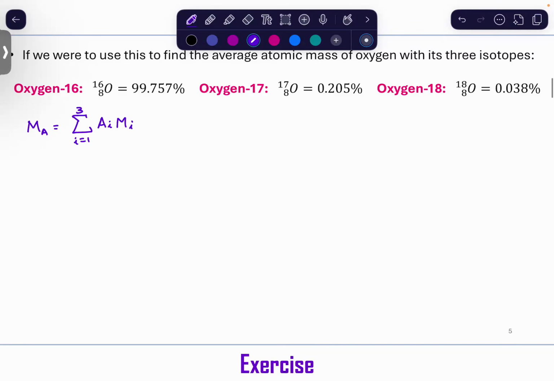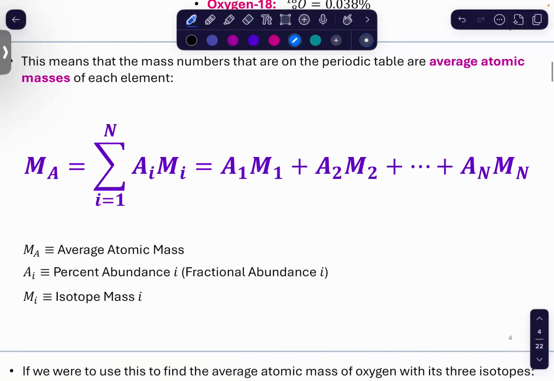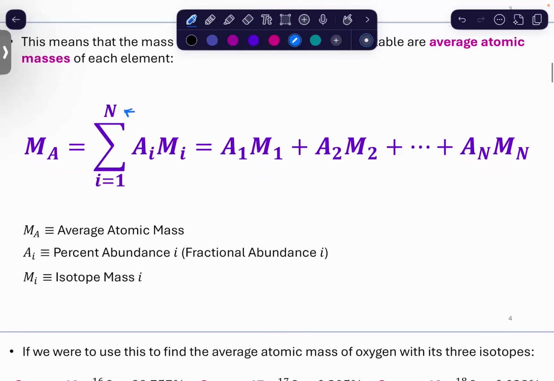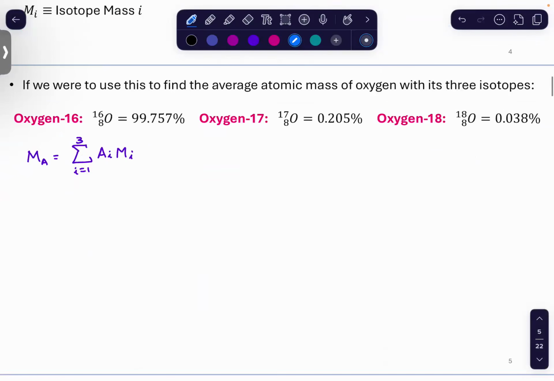And look at this. So if you compare to up here, you notice that the sum went from 1 to n. Well, n is just the number of isotopes you have. So for oxygen, since we have three naturally occurring isotopes, this sum goes from 1 to 3, 3 being the maximum number of isotopes of oxygen.